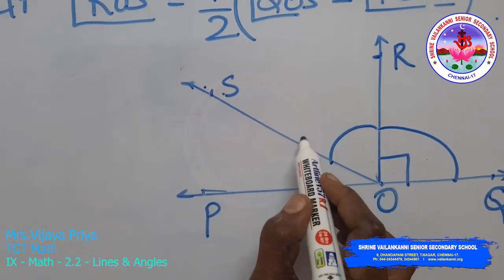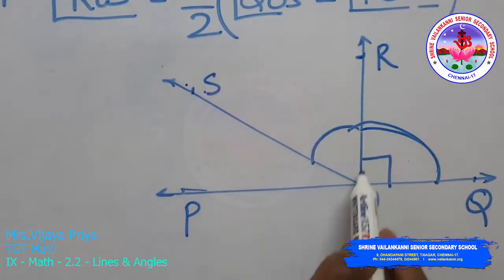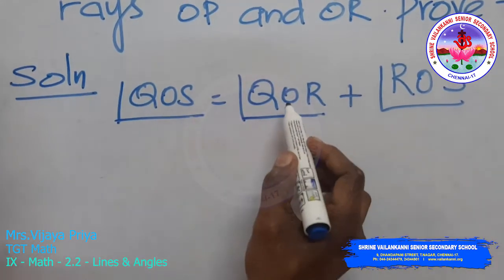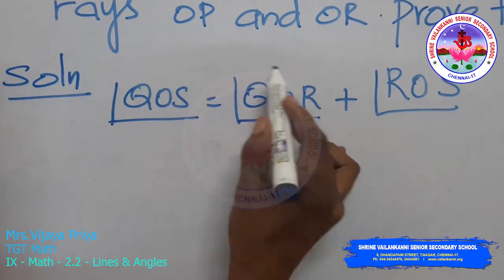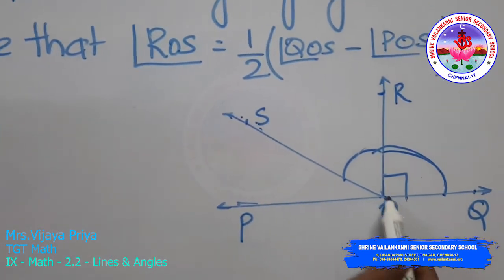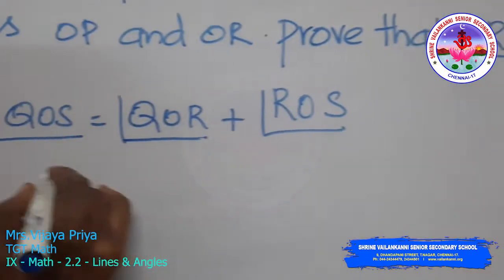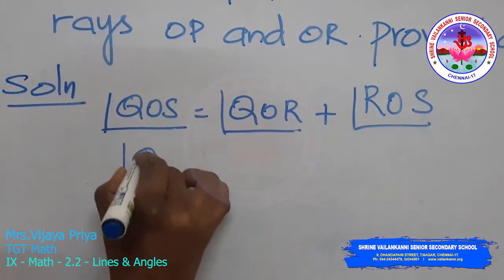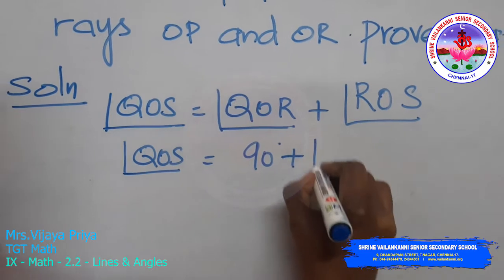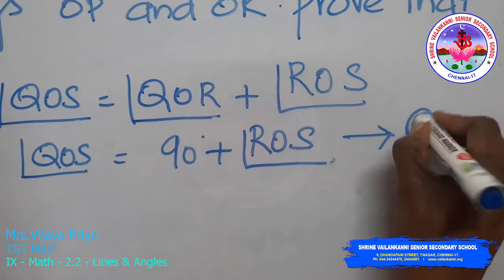Since OR is perpendicular to POQ, angle QOR is 90 degrees from the figure. So angle QOS is equal to 90 degrees plus ROS. Calling this equation 1.